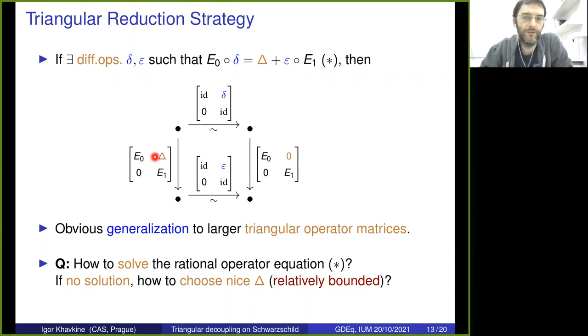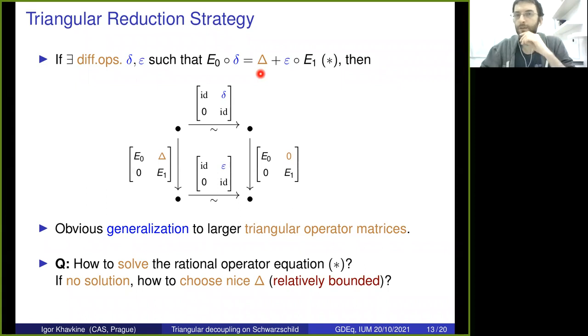But if it is irreducible, you could still choose some non-trivial delta and epsilon to maybe not cancel this big delta completely, but to simplify it in some sense, right? So I talked before about off-diagonal elements in these operator matrices that we're dealing with, that they should be relatively bounded.